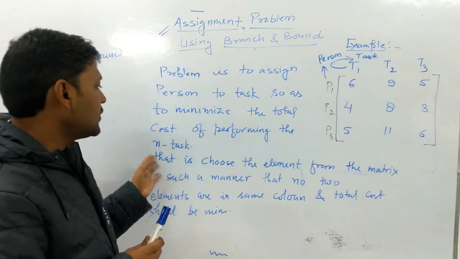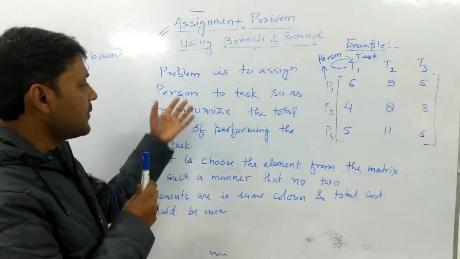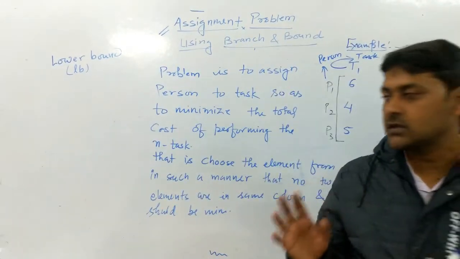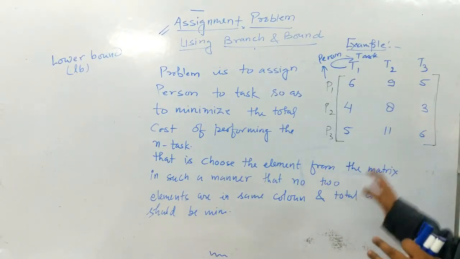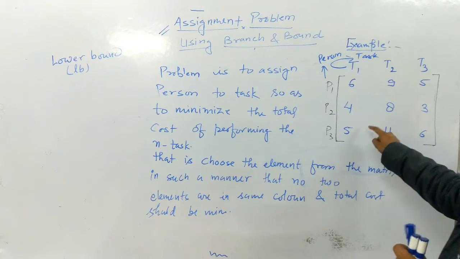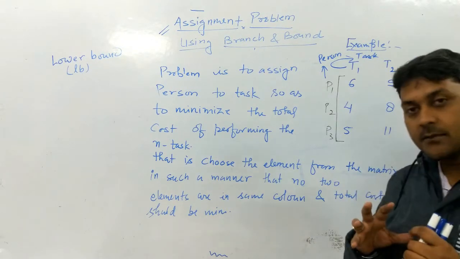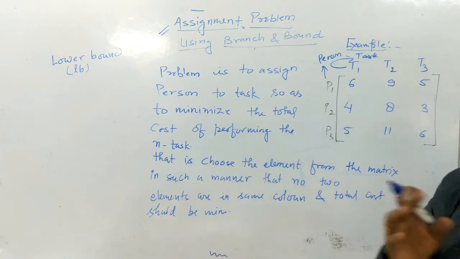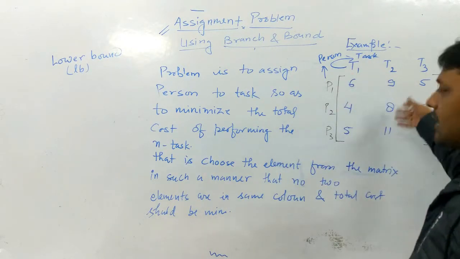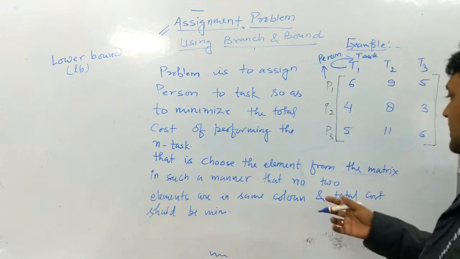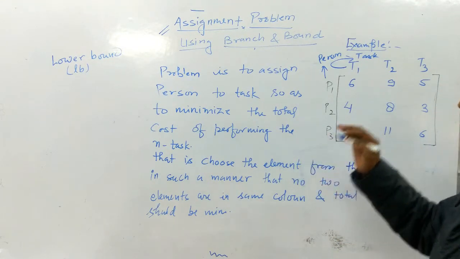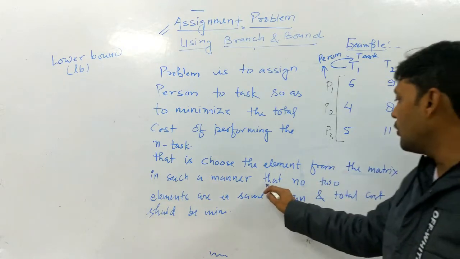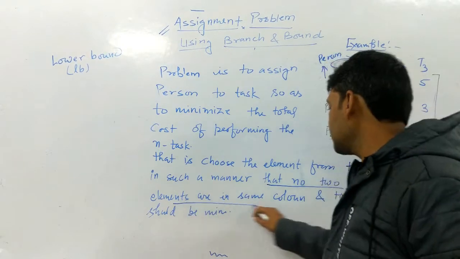So in the form of minimization, we have to choose elements from the matrix in such a manner that no two elements are in the same column.